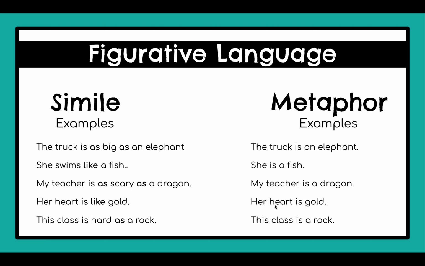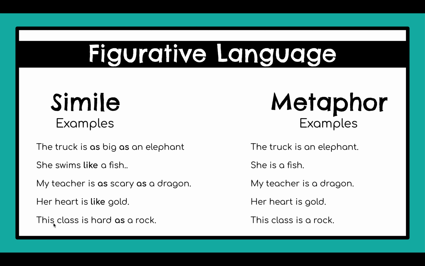If we look at the metaphor, it just says her heart is gold. Again, we're comparing her heart to gold, but now we can say more stuff about her heart. We can say her heart is genuine. We could say that her heart is rare. We could say that her heart is awesome and it's amazing, because those are some of the things people say when they look at something that's gold.